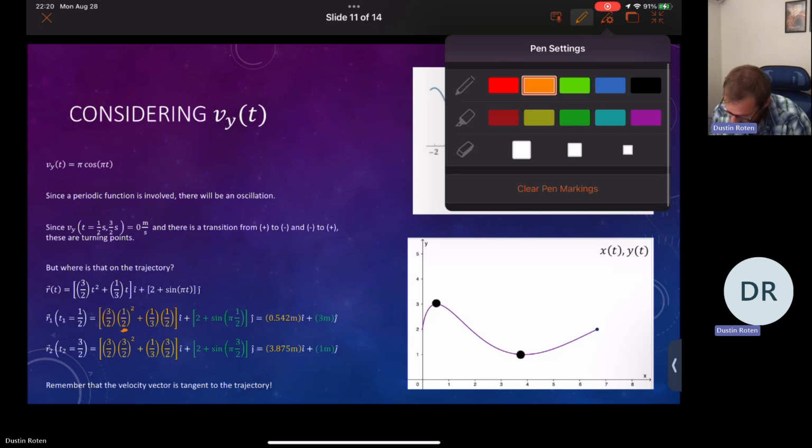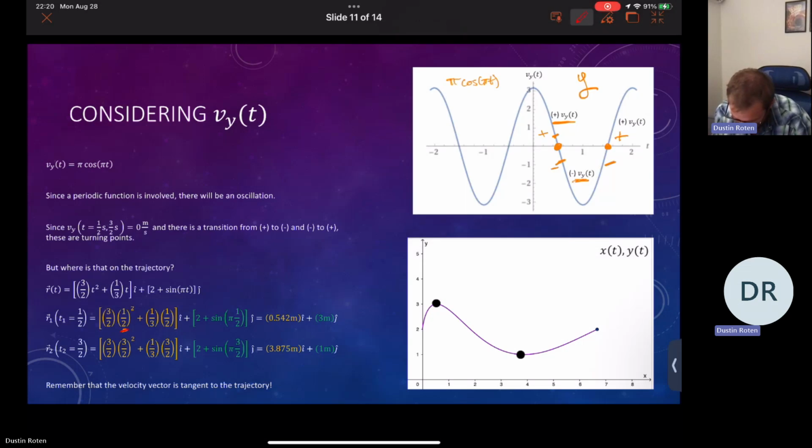Let me switch to a good color here. We're going to plug that in, so in t squared, this t becomes a half. There's my time in my x-coordinate. Here is the time in my y-coordinate. Once we simplify and do the math, it turns out that our first turning point is at 0.5 meters in the x direction, really 0.542, a little over half.